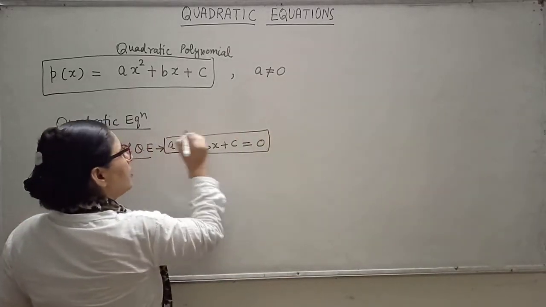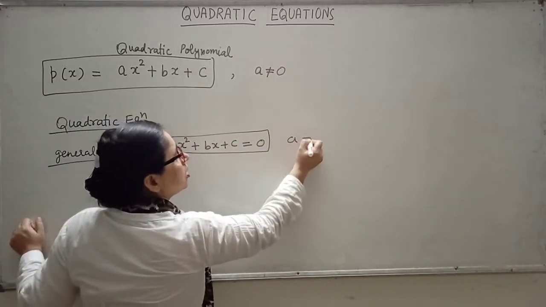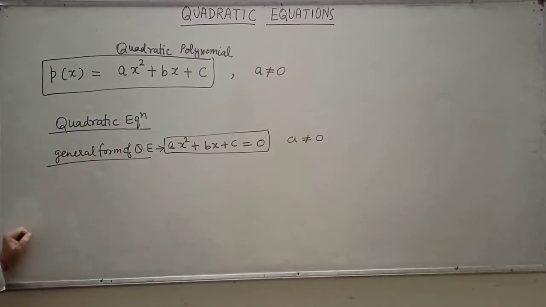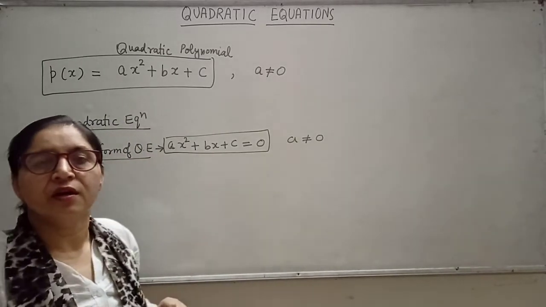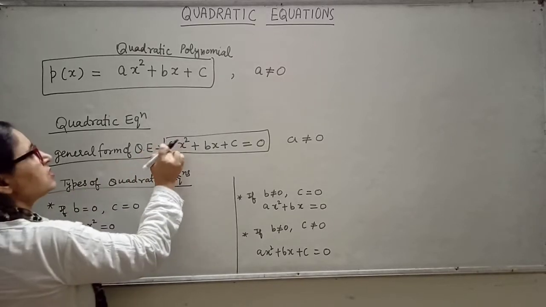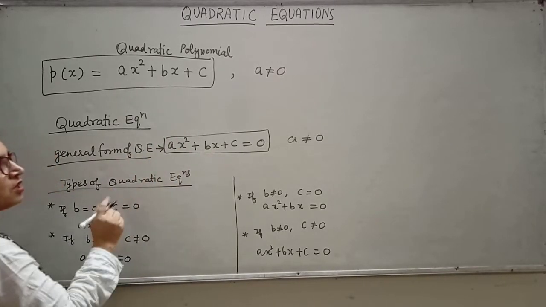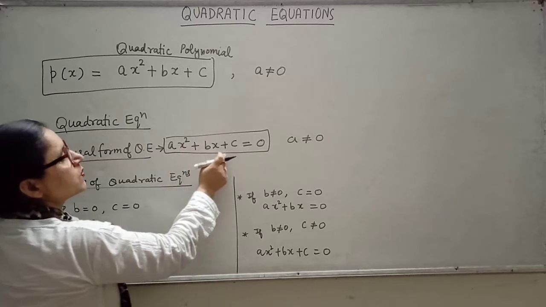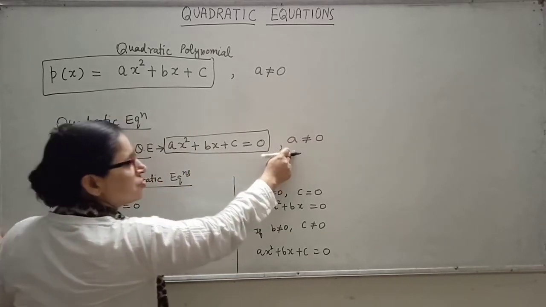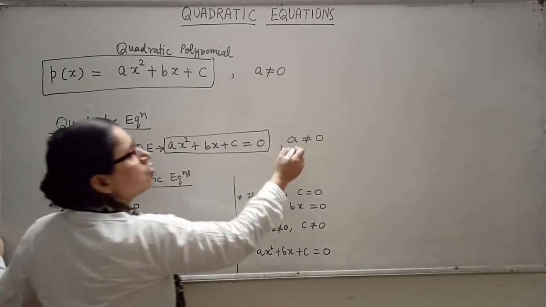Here a is not equal to 0. Now there are different types of quadratic equations. Let us discuss that. As I told you, this is the general form of the quadratic equation, ax square plus bx plus c is equal to 0, and this is a compulsory, mandatory condition that a can never be equal to 0.